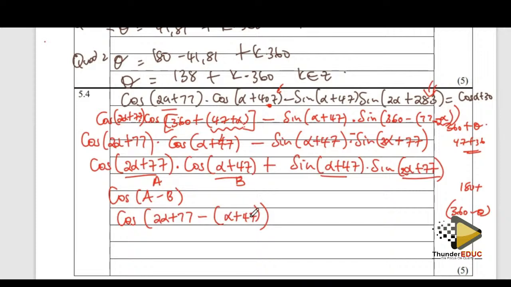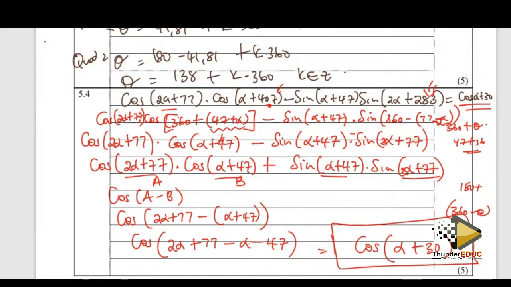Opening this up, 2α minus α gives just α, and 77 minus 47 gives plus 30, which is the same as the right-hand side they wanted. All right, so that is that.